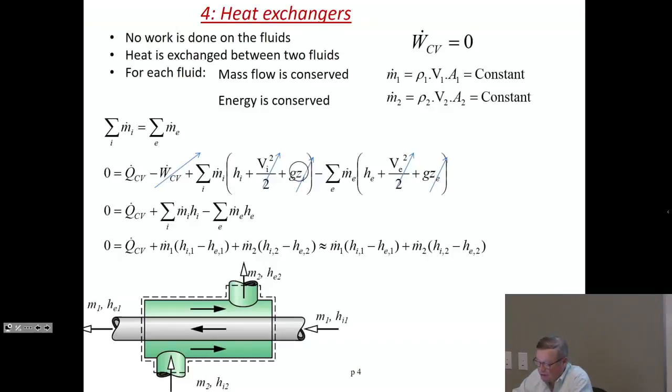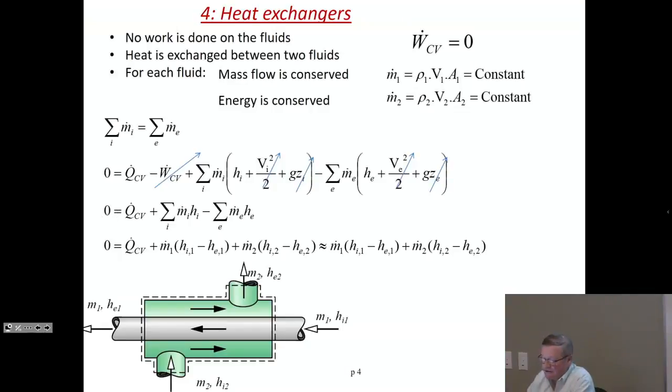The same, we're going to neglect changes in potential energies. And that does mean that the heat that's lost out of the control volume, now bear in mind that the control volume is the thing where we have the two fluids, the heat out of the control volume, and then the heat that comes into one fluid in the form of enthalpy, and the heat that comes in the other fluids also in the form of enthalpy has to be conserved.